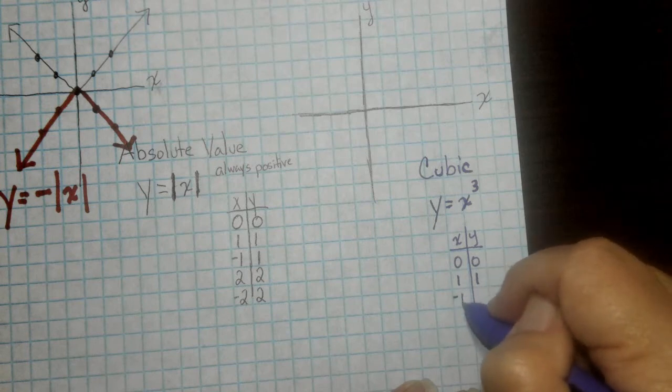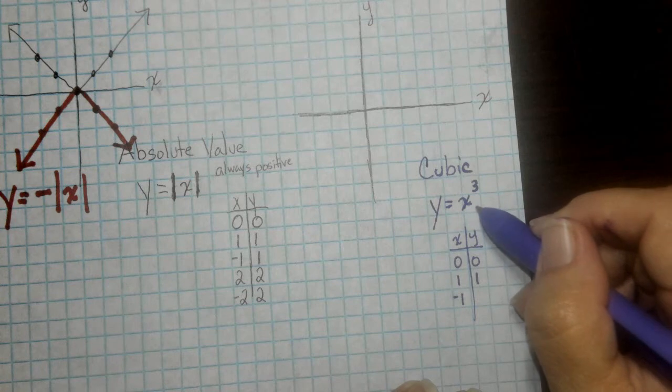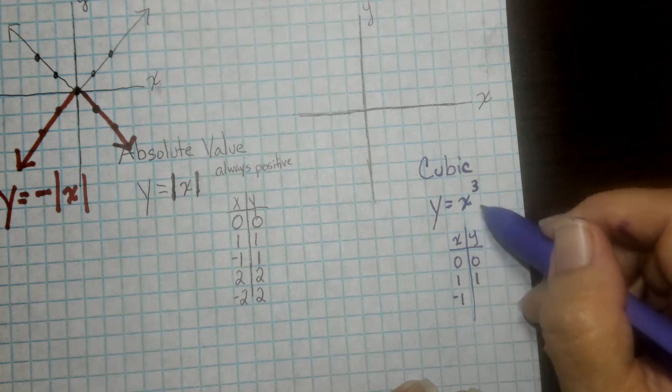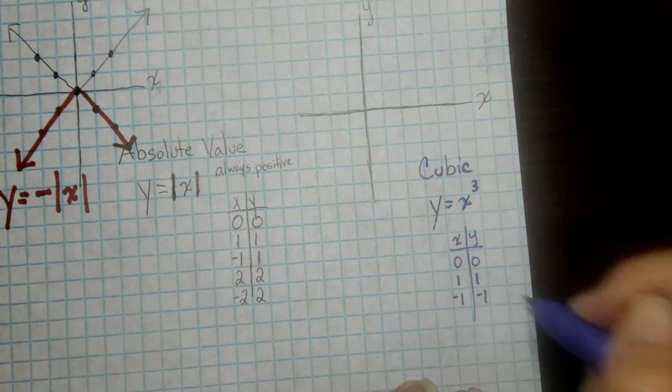If I plug in a -1, -1 times -1, that's positive, but then I times by another negative 1, that's negative 1.